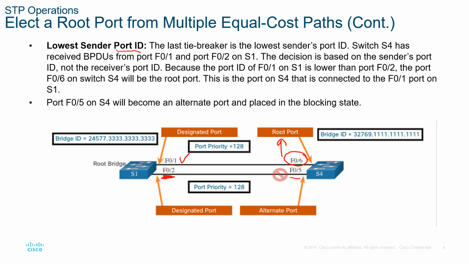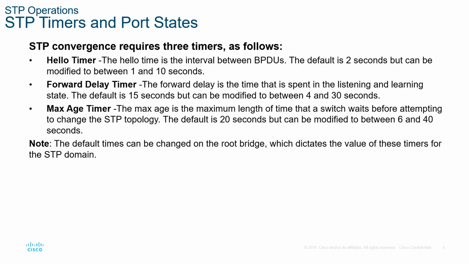I have explained the three criteria to elect the root port for multiple equal cost paths. Now, this is also part of the STP operation. Let us look at STP timers and port states.